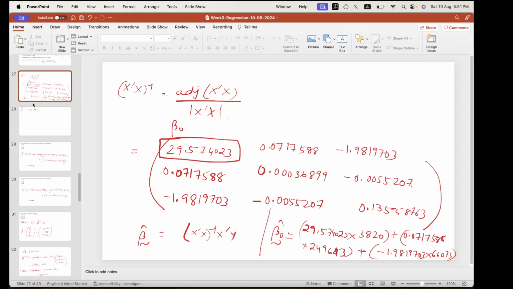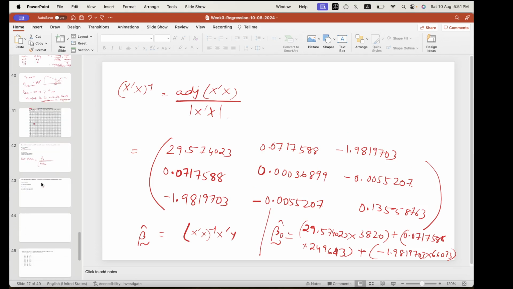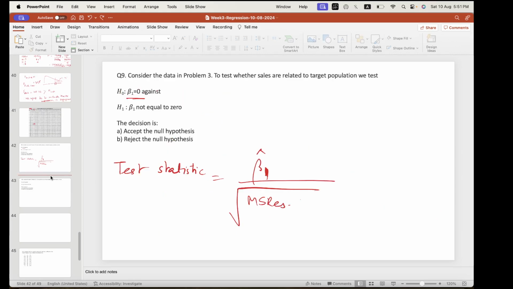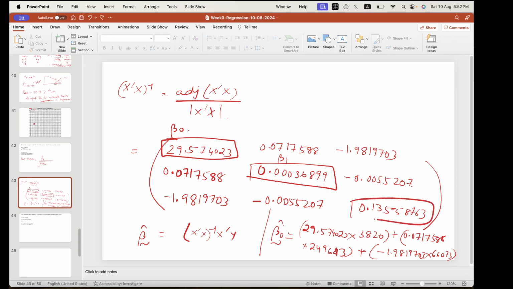So if I copy this table here, you see this one corresponds to beta naught, this one corresponds to beta 1, and this element over here corresponds to beta 2.